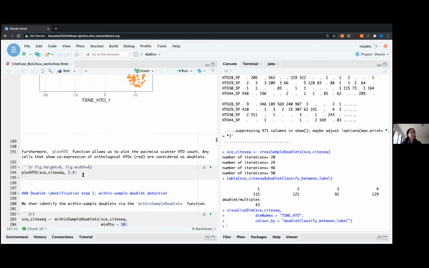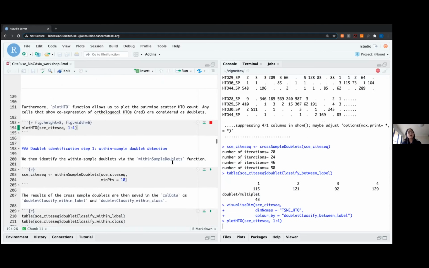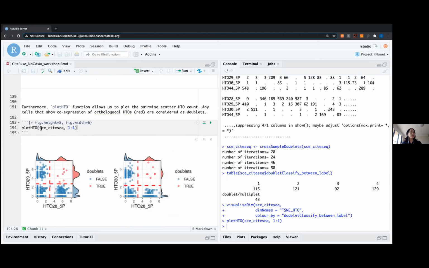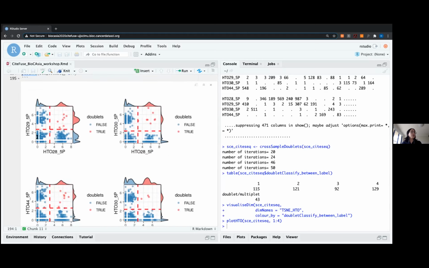So if you're interested in exactly how the HTO expression looks like for the doublets, what you can do is you can use this plotHTO function to generate a scatter plot of the HTO expression of 2 hashtags at a time for all the single cells.